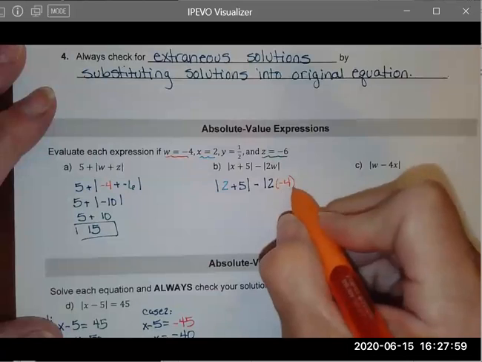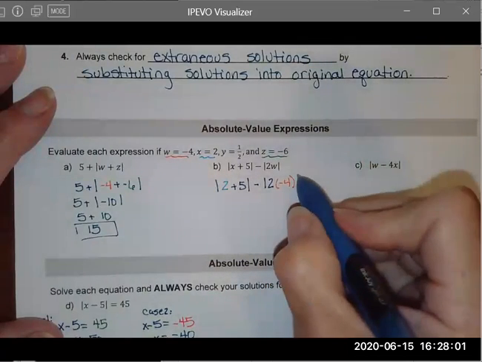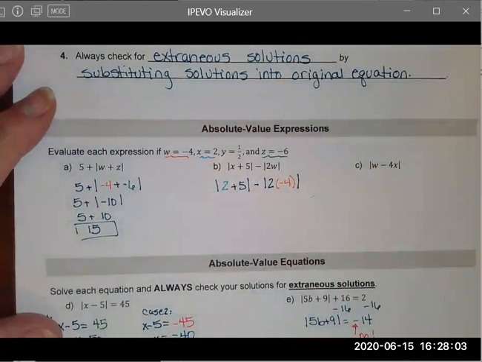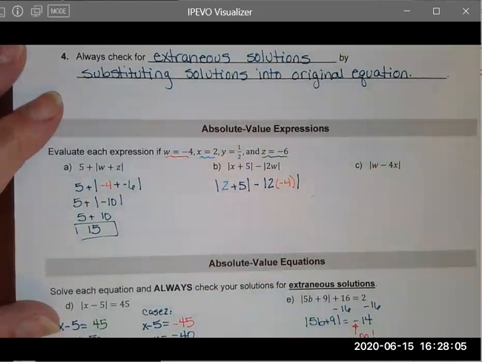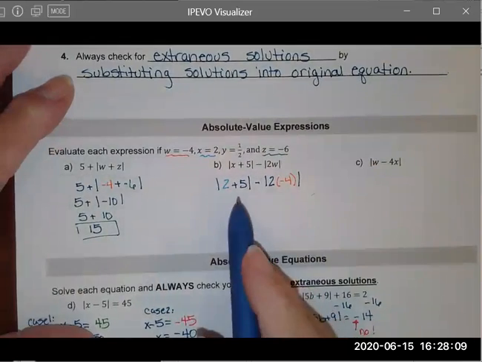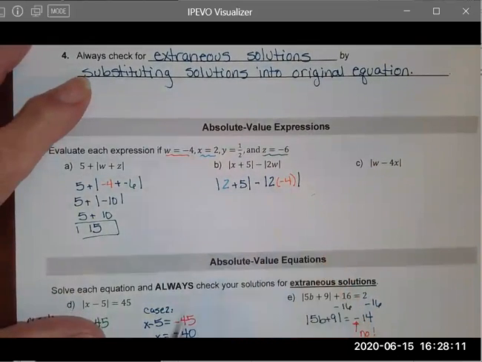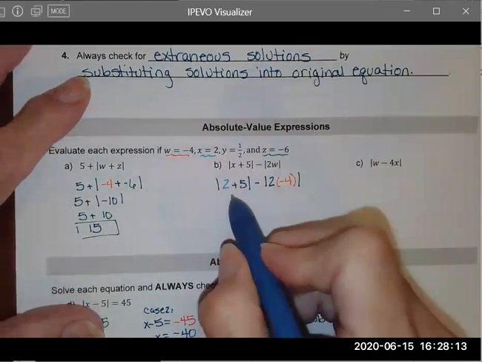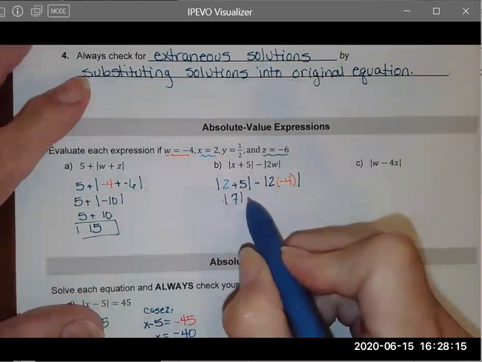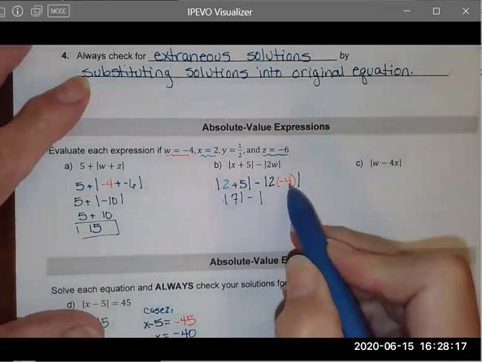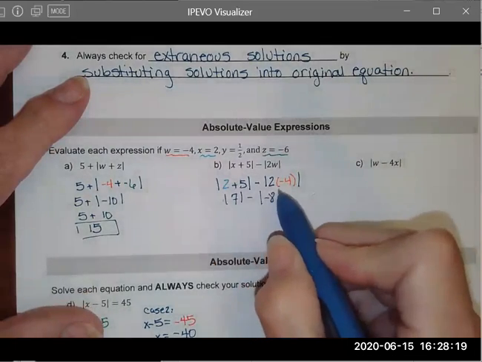I'm going to put the -4 in parentheses to protect it. And now that I've done my substitution, I need to simplify inside my absolute value bars first. I have 2 sets of absolute value bars to simplify. 2 plus 5 is 7. Minus 2 times a -4 is -8.